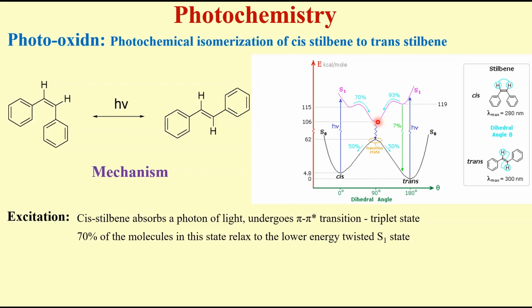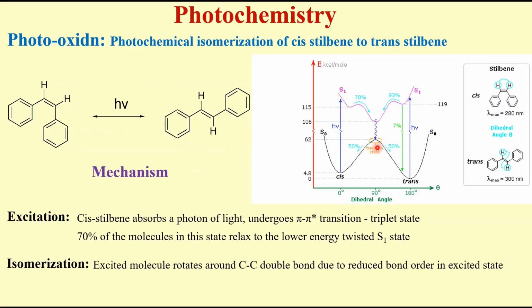From the twisted S1 state, it undergoes intersystem crossing and gets into its triplet state. In this triplet state, the order of the carbon-carbon double bond has got reduced because of its higher energy level. It is around 62 kilocalories per mole.